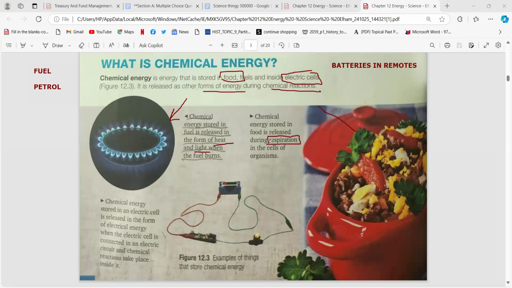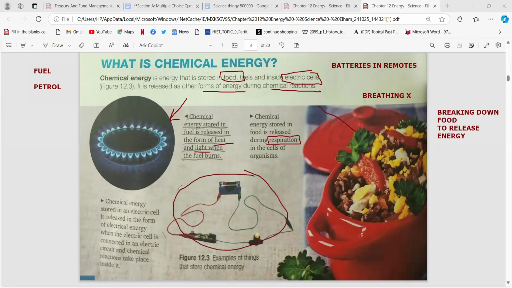So, respiration is commonly perceived to be breathing, right? It's not breathing. Respiration would be breaking down food to release energy. Okay? And this happens in the cells of organisms. Lastly, you can see that there are batteries.